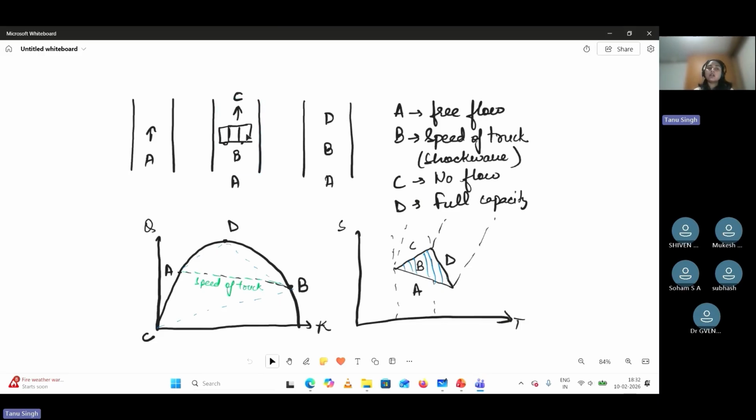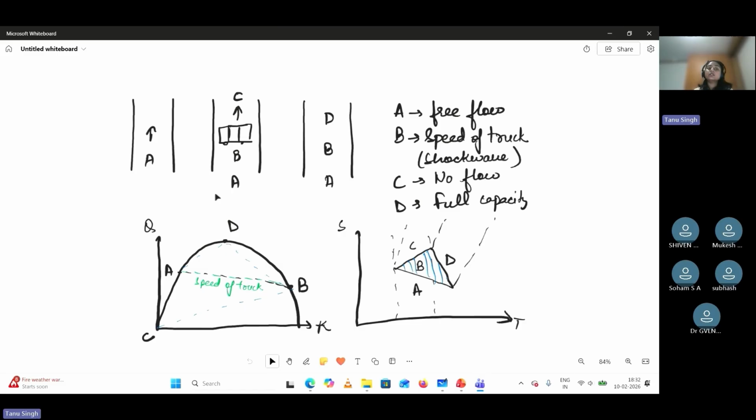For example, a truck moves along this road and then takes an off ramp. Then comes the condition D, when all the vehicles have accelerated and are moving with their full capacity. So that will be scenario D.